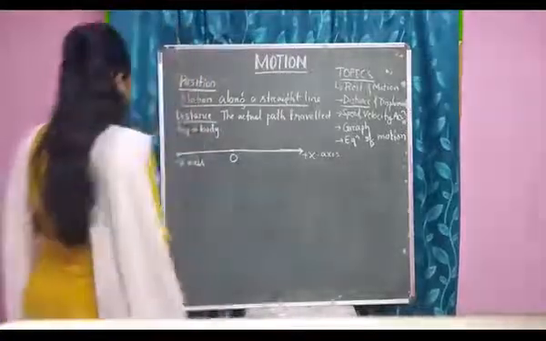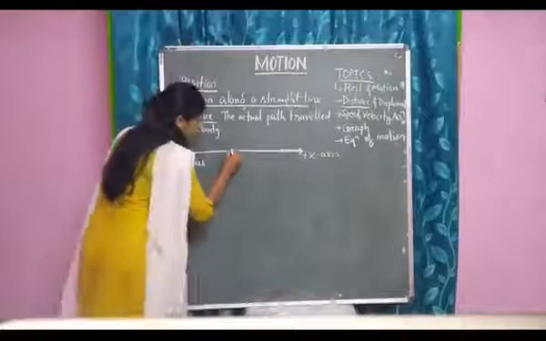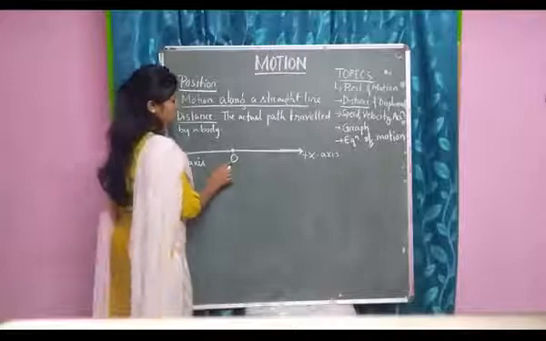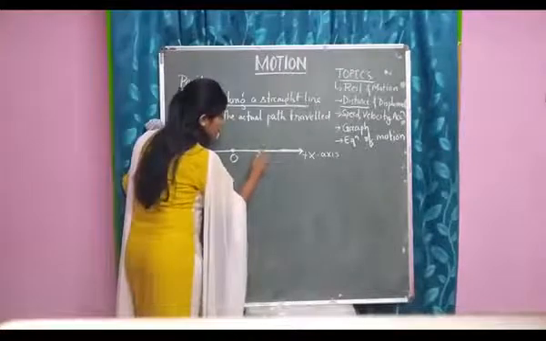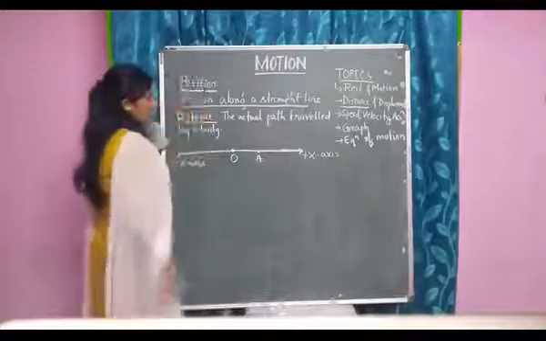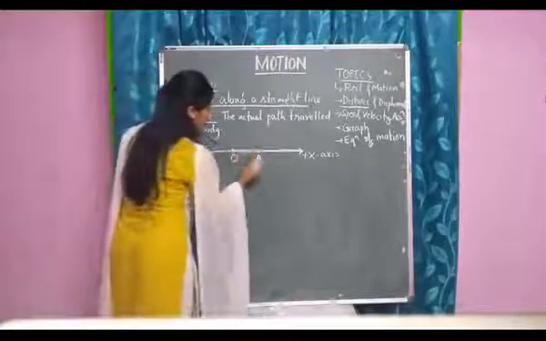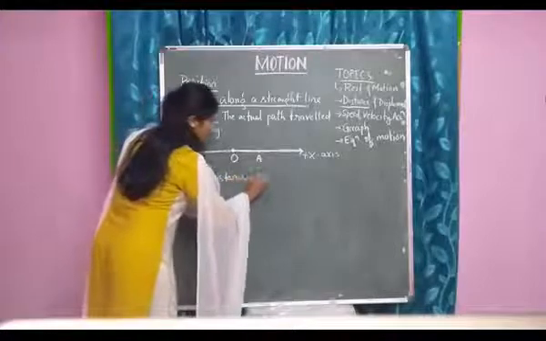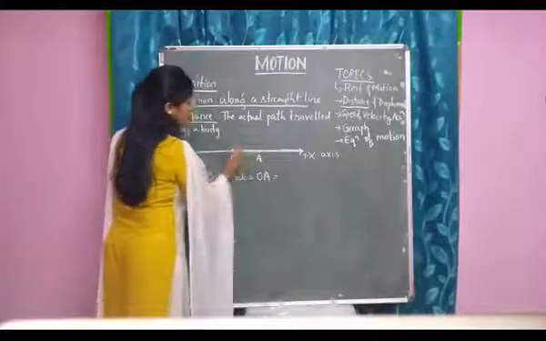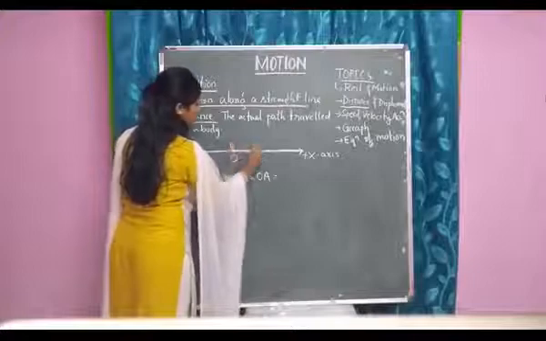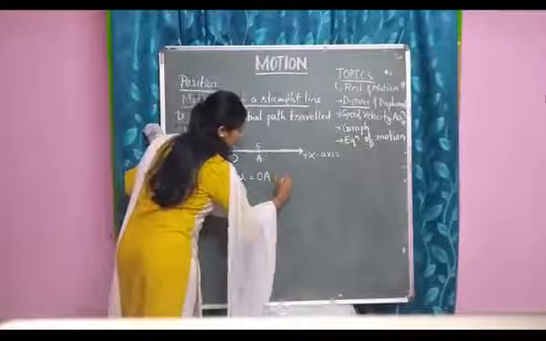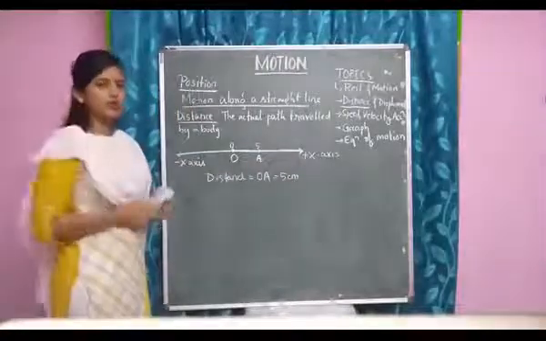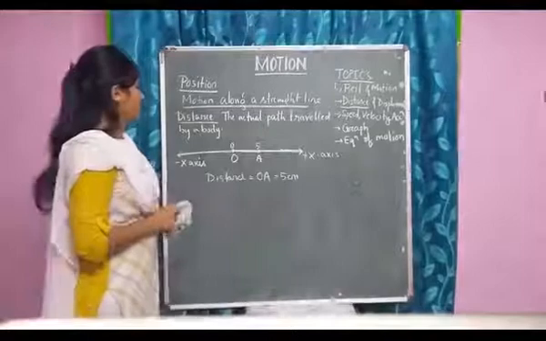Suppose the starting point is here and the body is moving from O to, suppose, A. So what is the distance? Distance will be equal to OA. Suppose OA is equal to 5 centimeter. So what is the distance traveled? OA is equal to 5 centimeter.